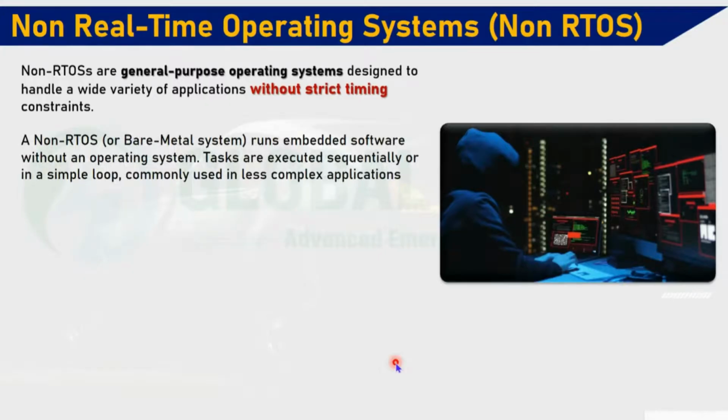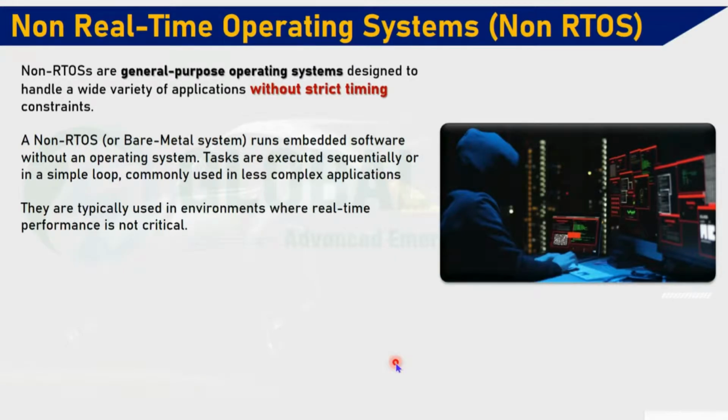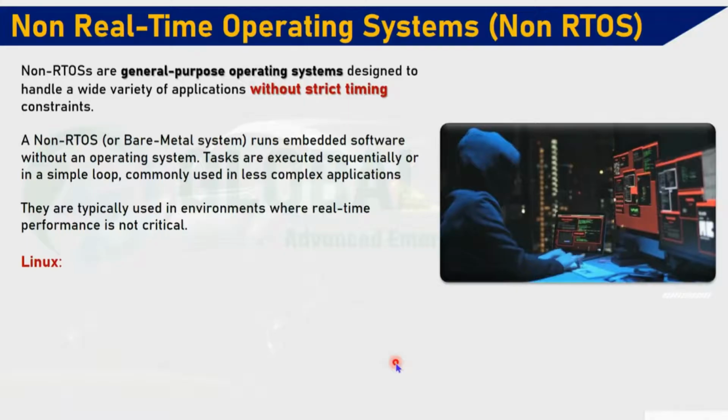Mainly, non-RTOS is also called a bare metal system, so mostly we are able to operate without any operating system. Here the tasks or activities are executed sequentially and within a loop. So it is commonly used in very less complex applications. Large applications cannot be handled, and they are typically used in non-critical applications.